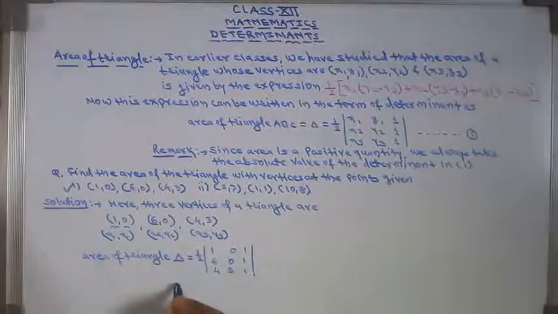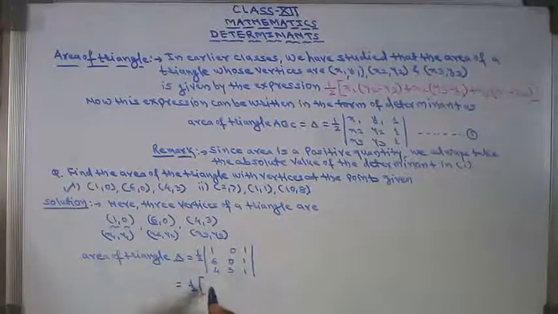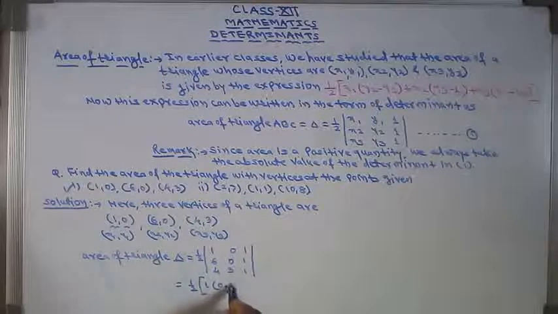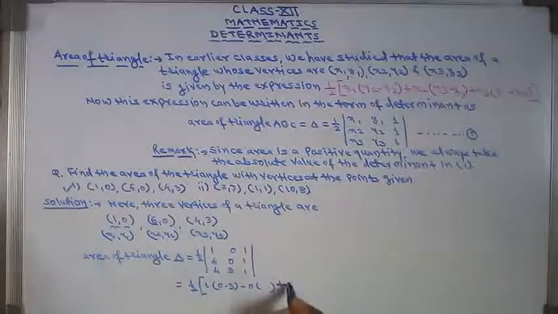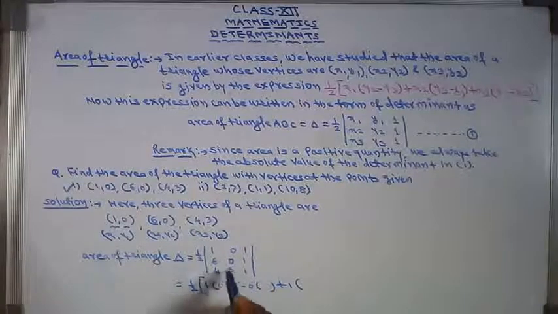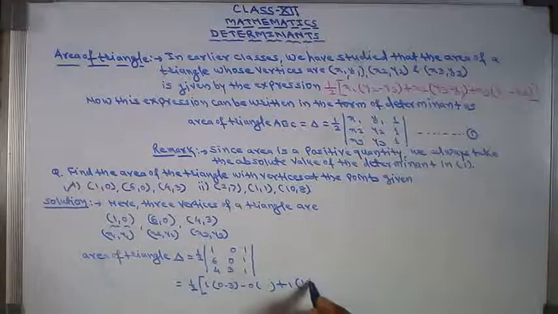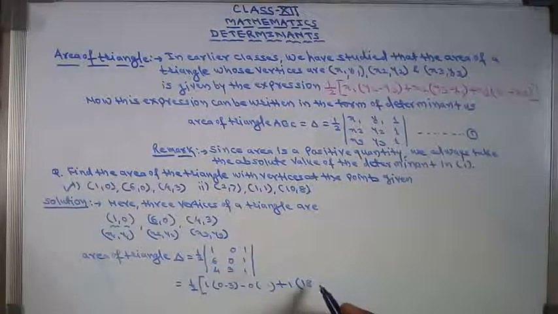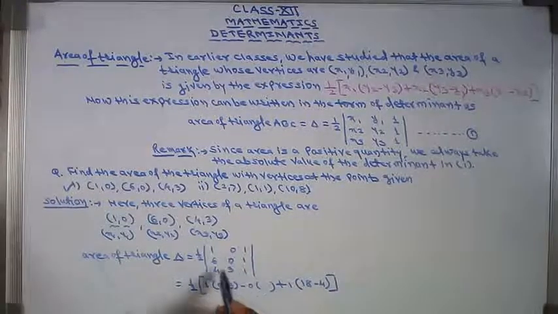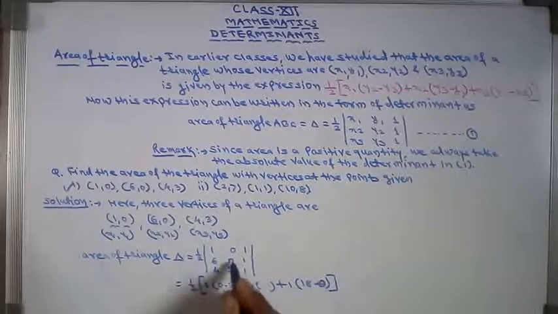So this equals half into bracket: 1 into (0 minus 3), that is minus 3, minus 0 into something, this will be 0, plus 1 into (6 into 3), that is 18, minus 4 into 0, which is 0.